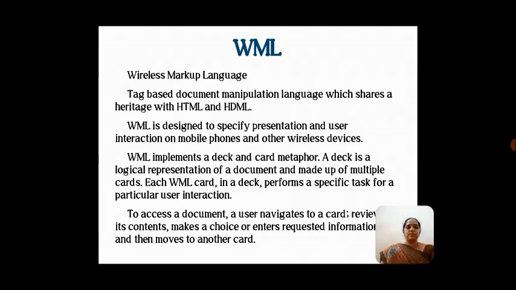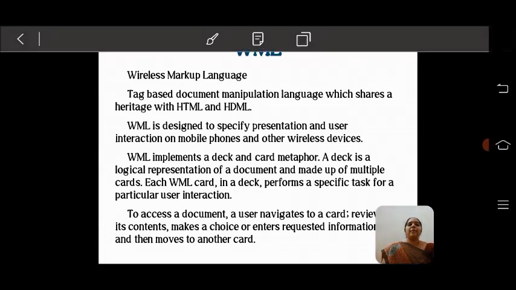WML is designed to specify the presentation and user interactions on mobile phones and other wireless devices. WML implements a deck and card metaphor, where a deck is a logical representation of a document made up of multiple cards. Each WML card in a deck performs a specific task with user interaction.